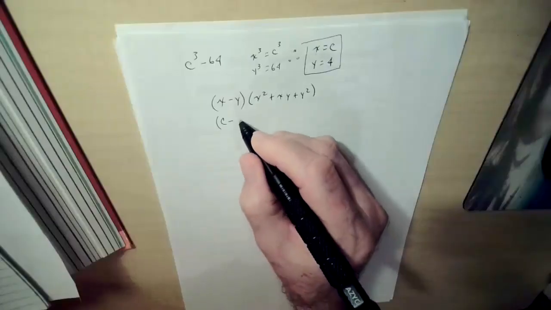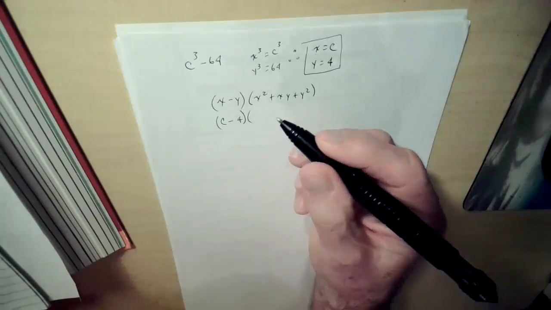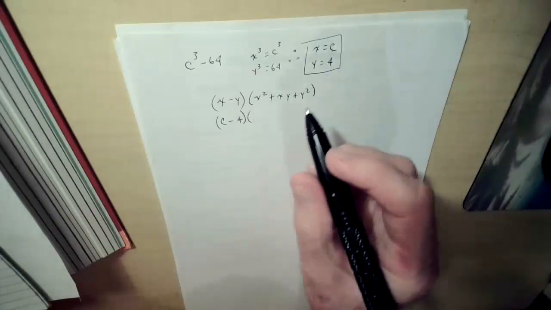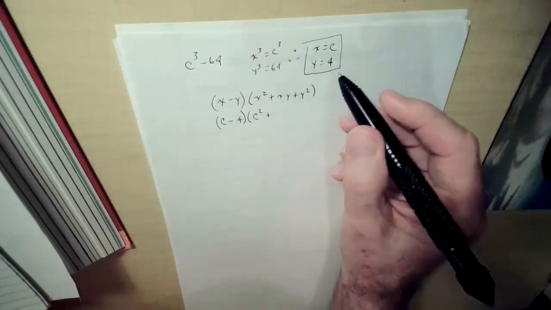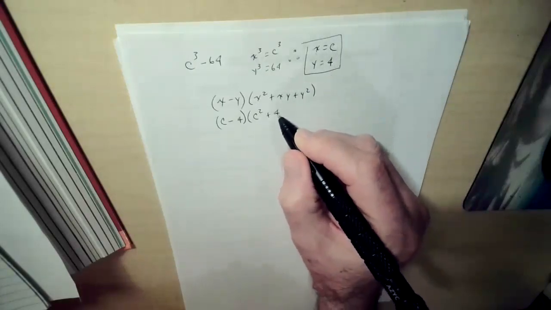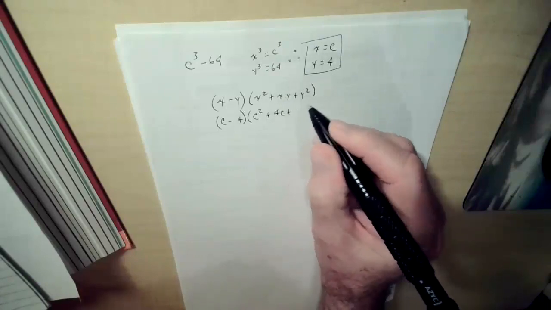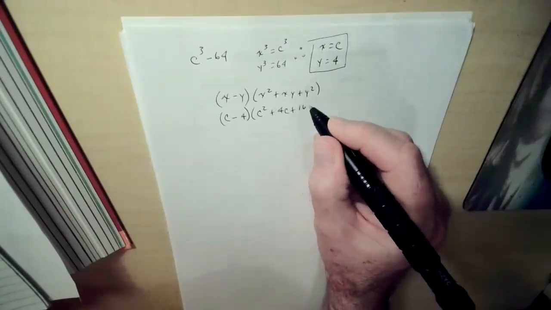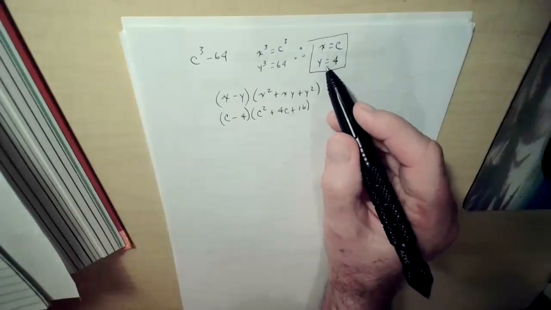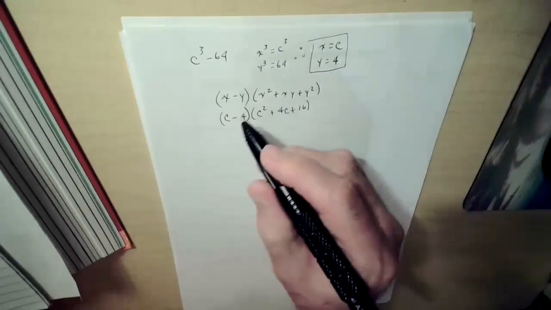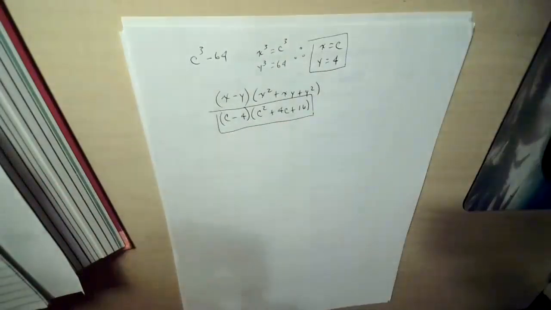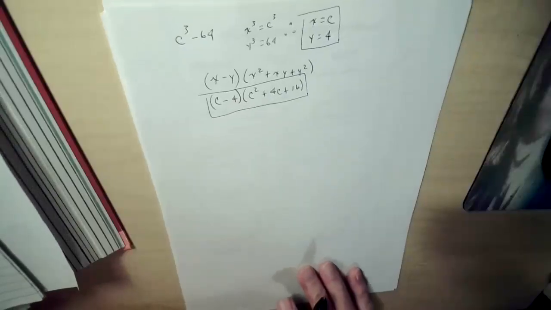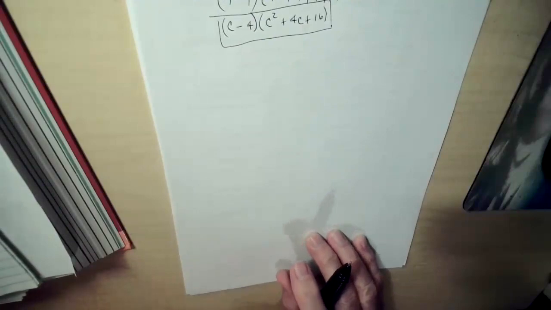Right? We just plug in the numbers. X is c. Wherever there's an x, we're going to plug in c. Minus y is 4. X squared is c squared, plus xy, 4c, plus, and y squared is 16, because y is 4, so y squared is 16.